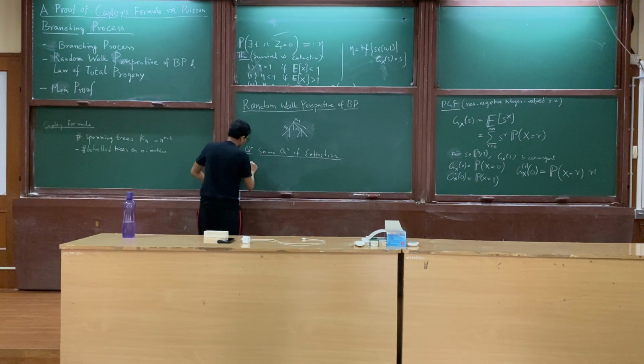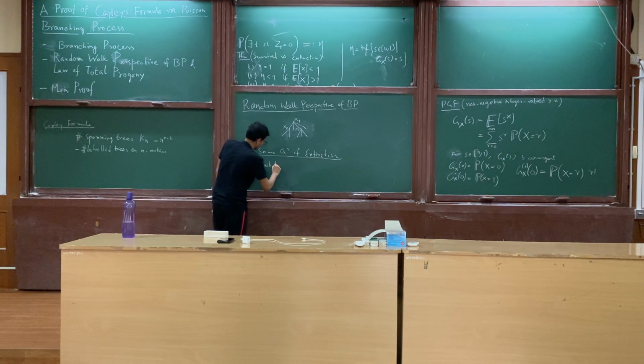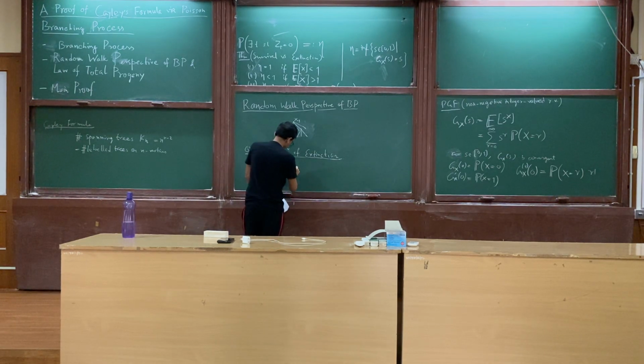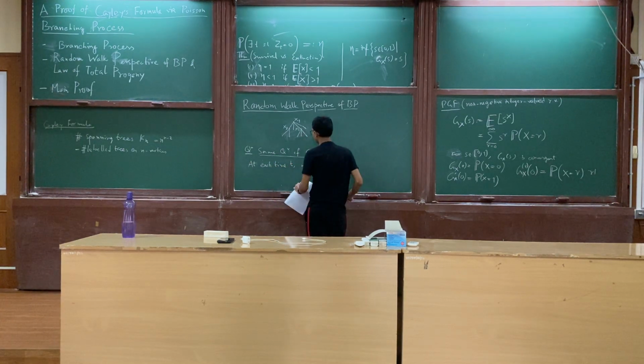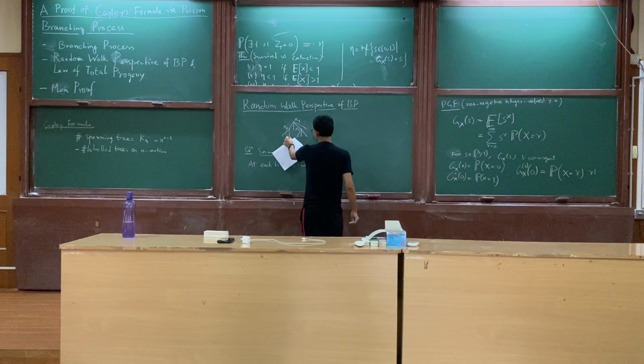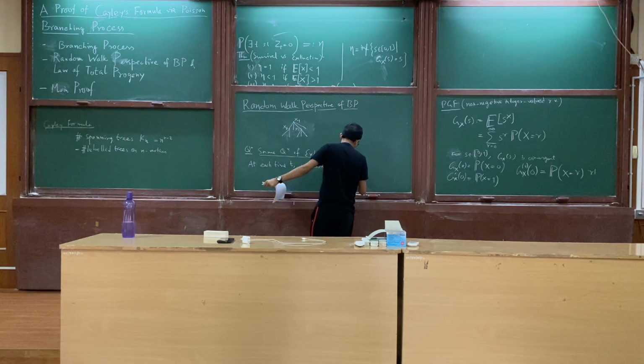So what we want to do, at each time t, we count the number of, say, whoever can generate particles is active and the others are inactive.